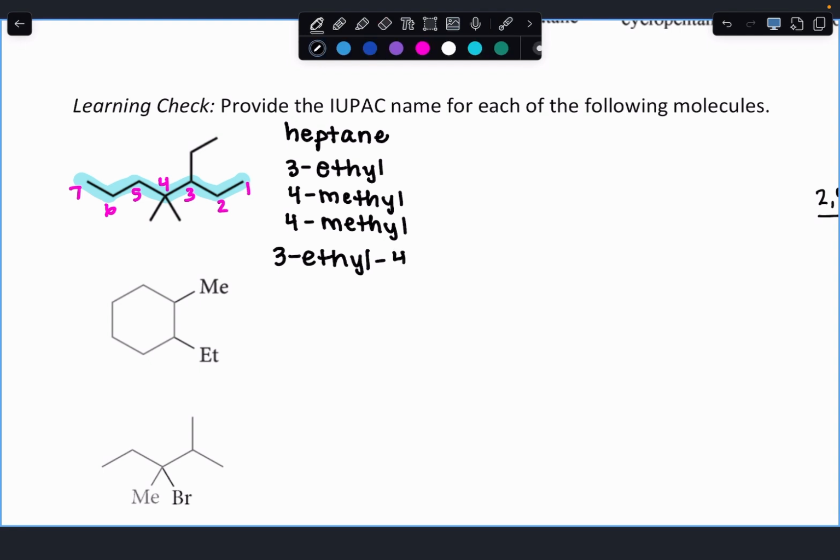So we'll have 4,4-dimethyl, and then heptane. Notice that the D in di doesn't count alphabetically. We still alphabetize based on the substituent M.